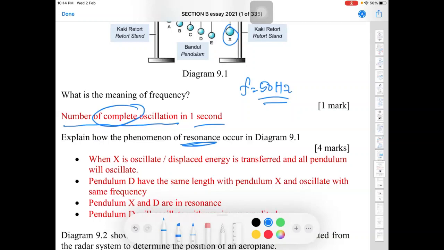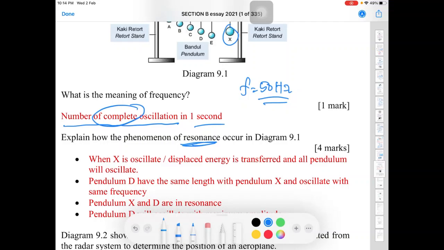Because when the length is the same, then the frequency of this oscillation is the same. So kalau frequency dia same, that means dia akan jadi resonant. Jadi kalau berlaku resonant apa jadi? Amplitude will be maximum. Itulah yang kamu kena ceritakan kalau you cakap pasal resonant.